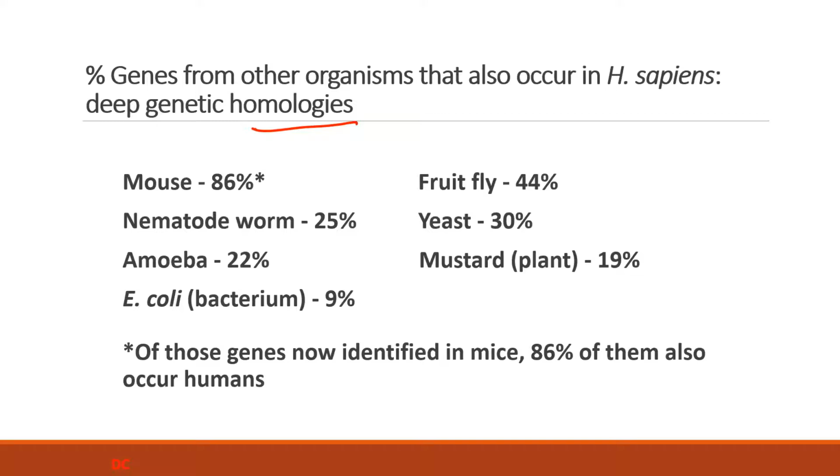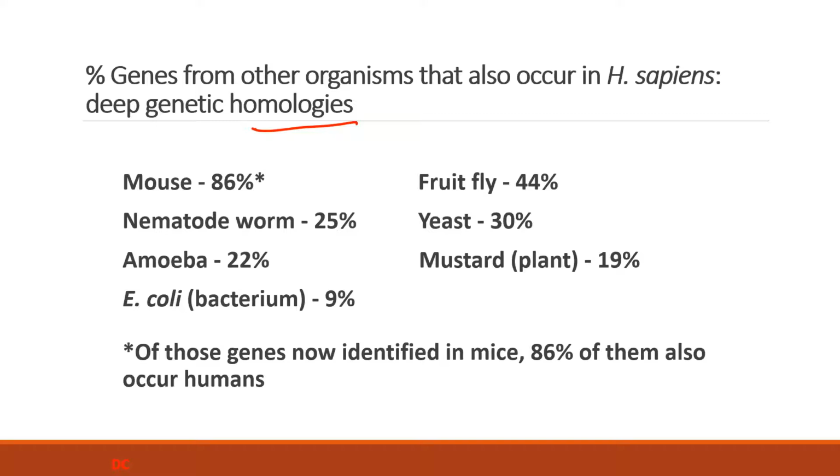44% in a fruit fly. Worms, we share 25%. Yeast is 30%. That's the part that got me. You guys might be like, wow, we're 86% similar to a mouse. What got me was that we are more similar in genetics to yeast than we are to a worm. A worm, in my opinion, is a living, moving thing. Yeast is a single cell organism.